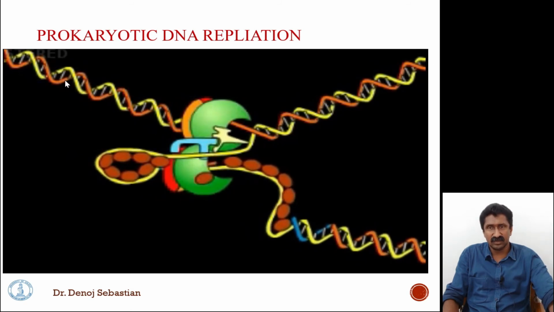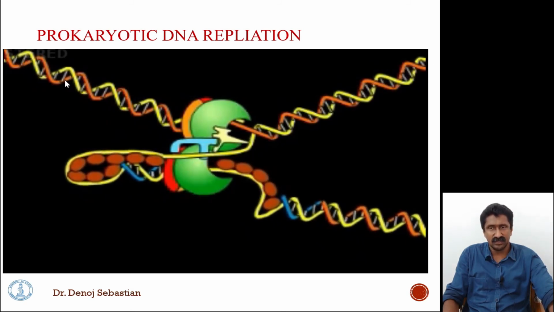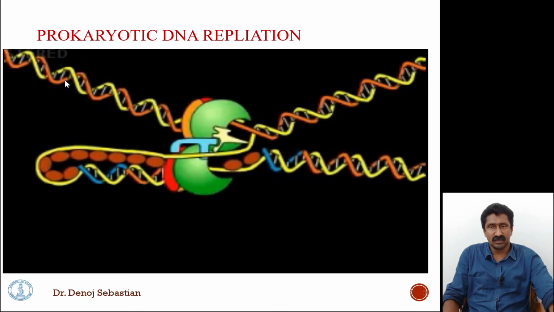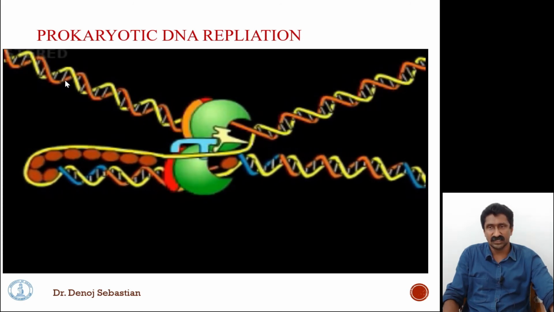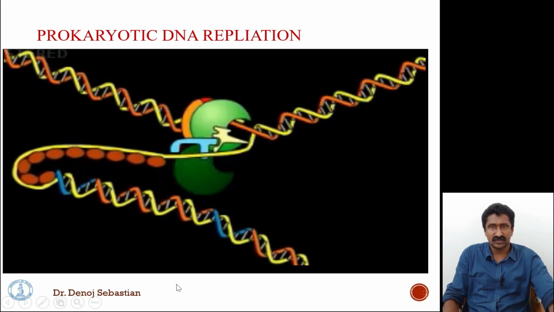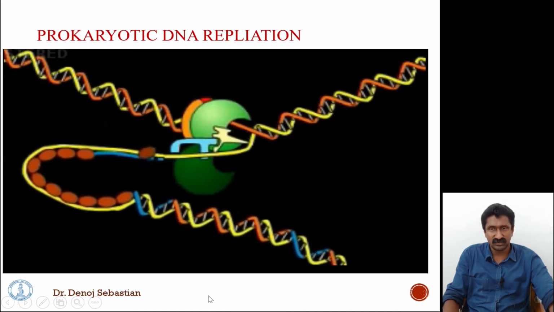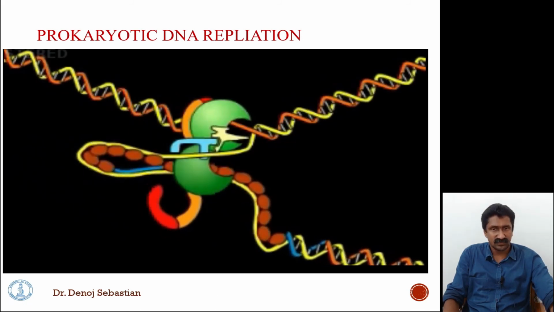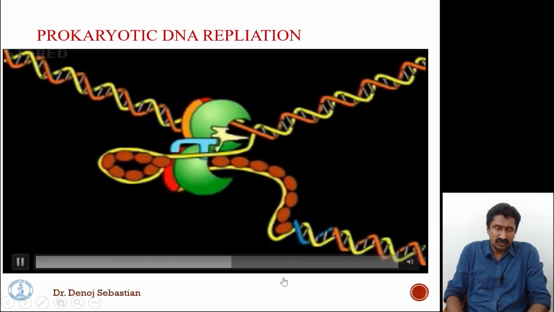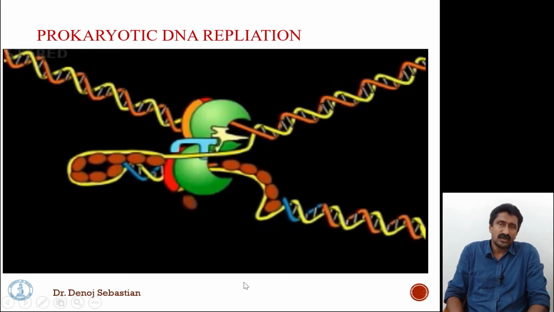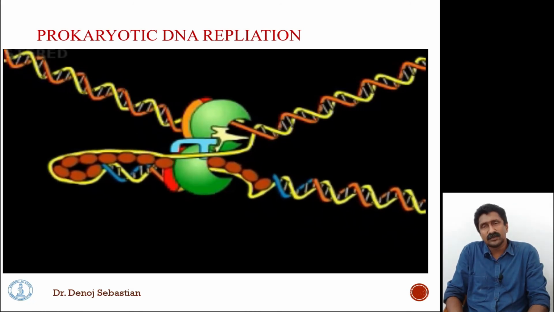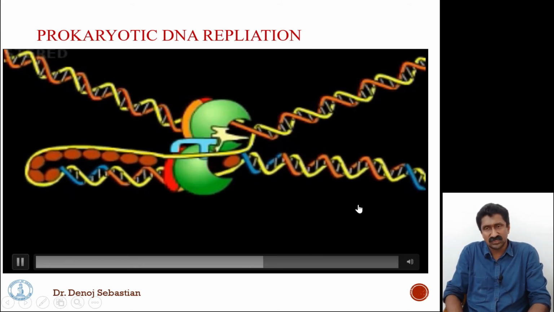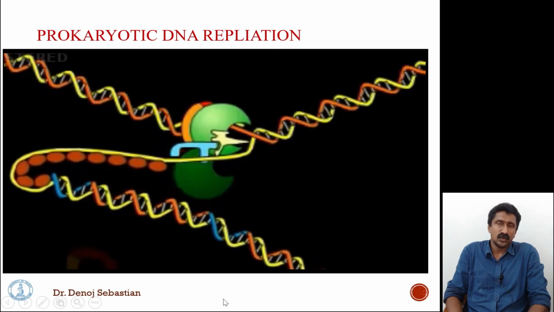Now, starting from the primer, it starts the synthesis of the next strand, and after some time it releases the strand, and by the time the next primer is synthesized, it reorients and aligns the DNA strand in the same direction and continues with the synthesis of the next Okazaki fragment. So this animation shows exactly how both the DNA strands, leading and lagging, are synthesized simultaneously using this loop formation.